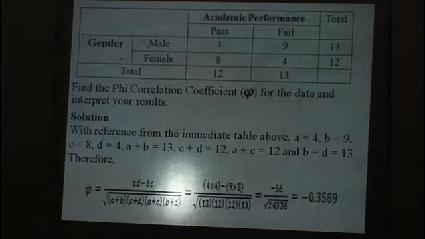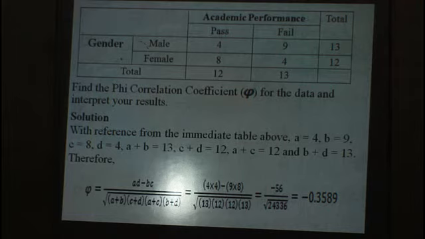Now summing up, those who passed are 12 and those who failed are 13. Sorry, the number of males who passed or failed is 13, and the number of females who passed or failed is 12.